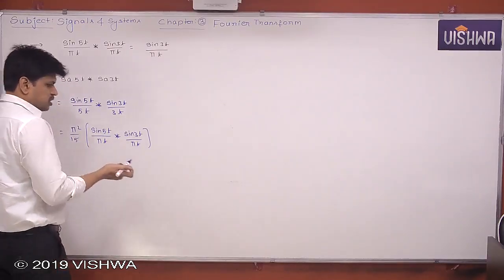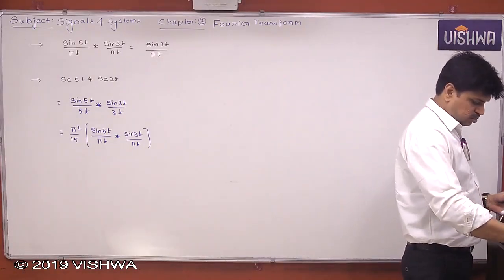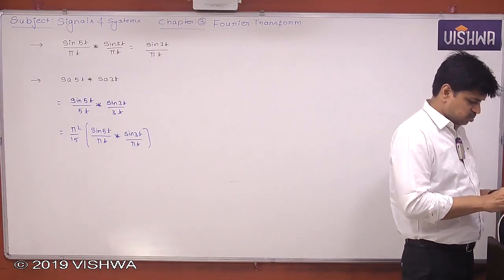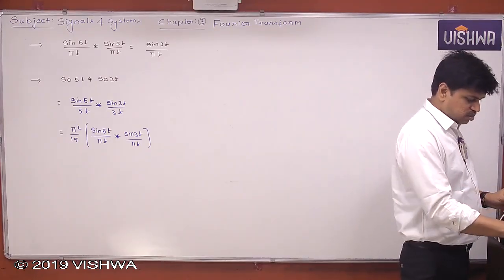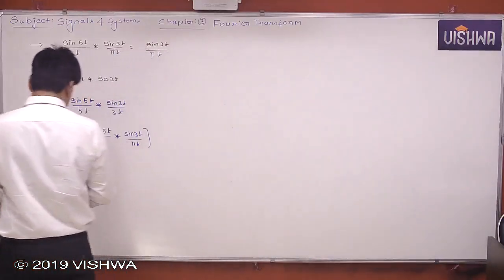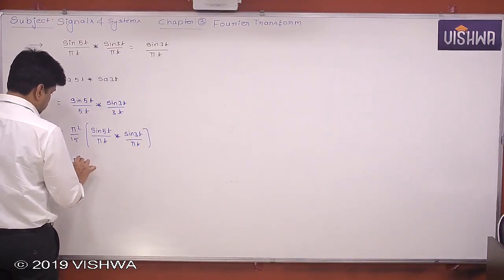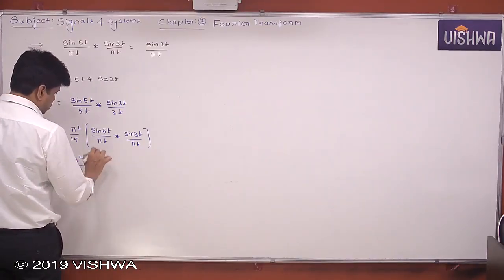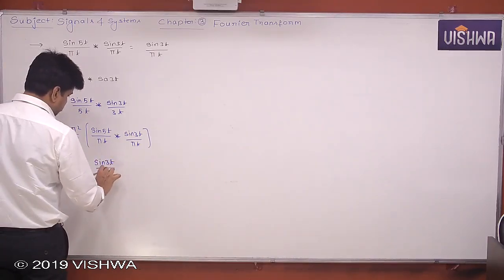So for this, pi square by 15 sine 3t by pi t.